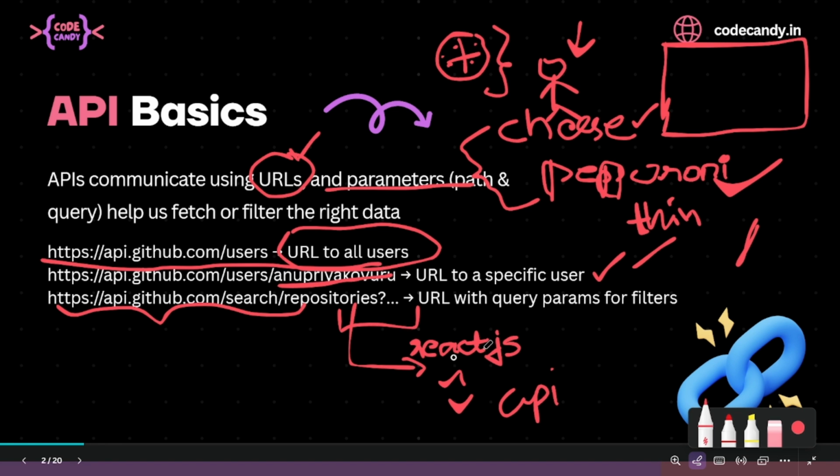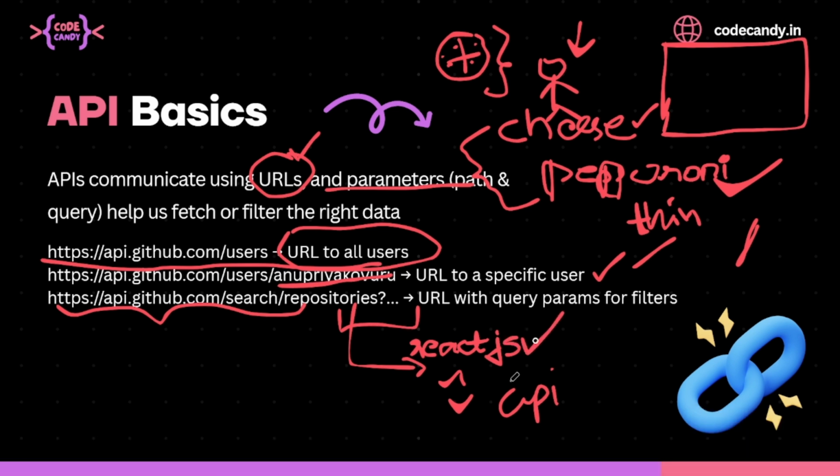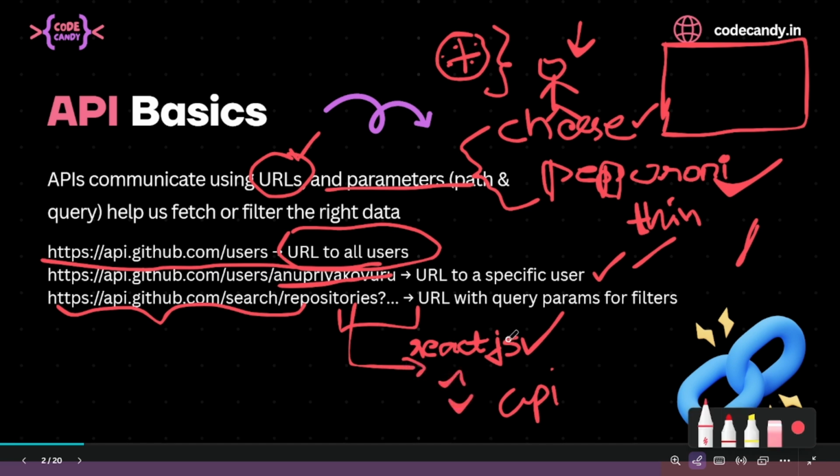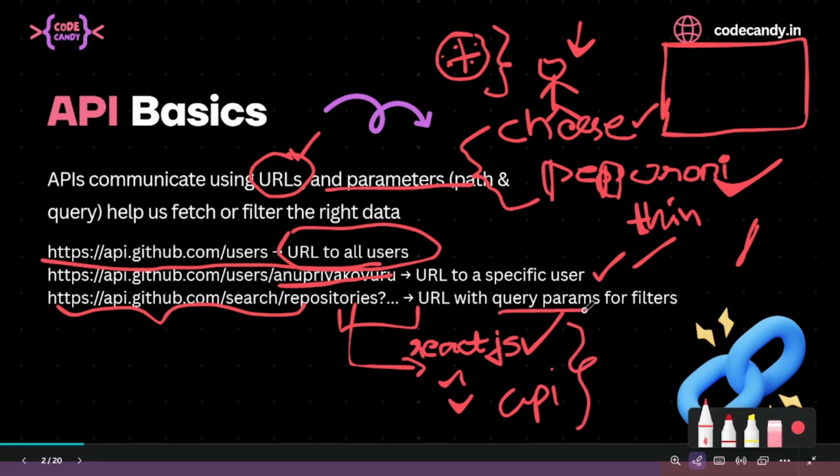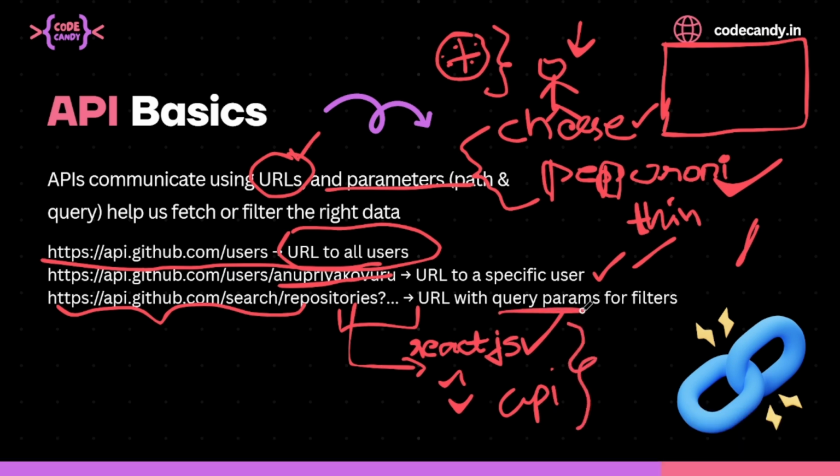Now in that I am exactly calling React.js repositories. Means I am filtering out, and these are called query parameters. So this is just an overview of what we are going to discuss in this class.